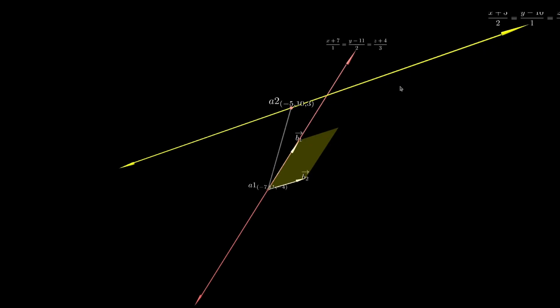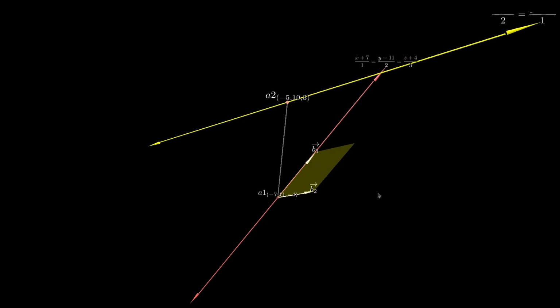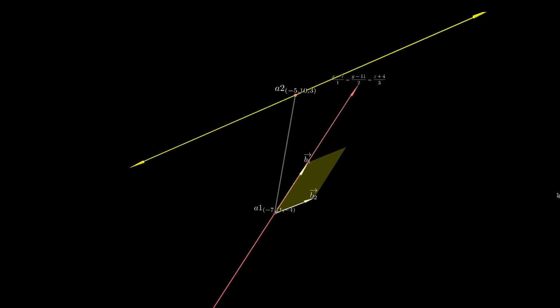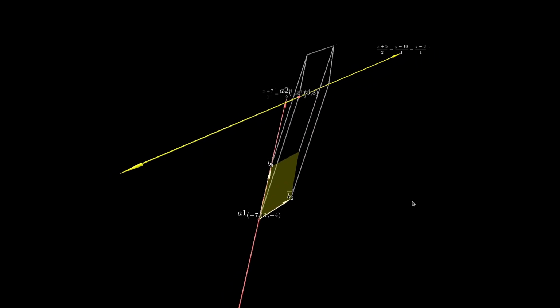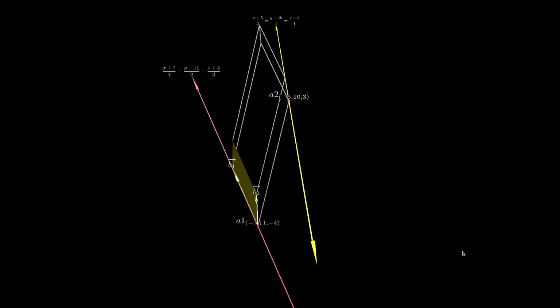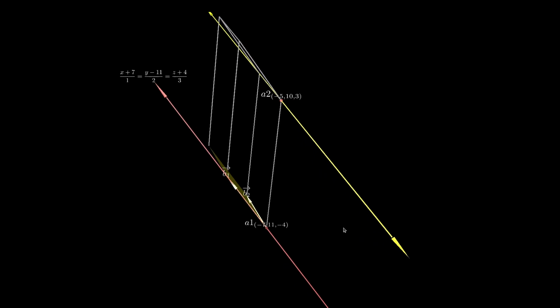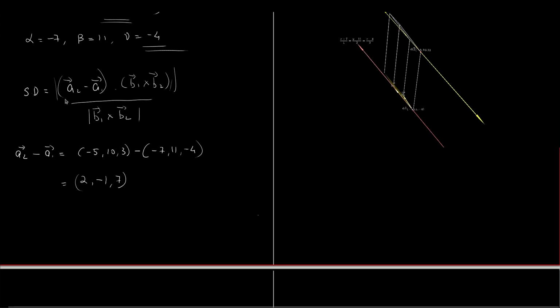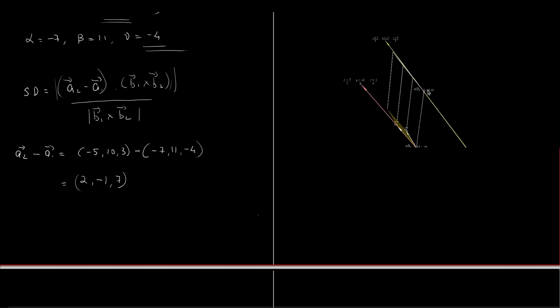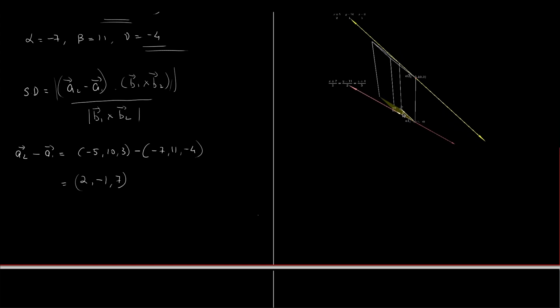So what will happen when we dot product an area with a height element? We will be getting a volume element. So here, this is a parallelepiped where the base is created by vectors B1, B2, and the height element, the slanting height, is created by the line segment A2 minus A1. So in the equation of the shortest distance, the numerator has A2 minus A1, which is the height part, and B1 cross B2, which is the parallelogram part.